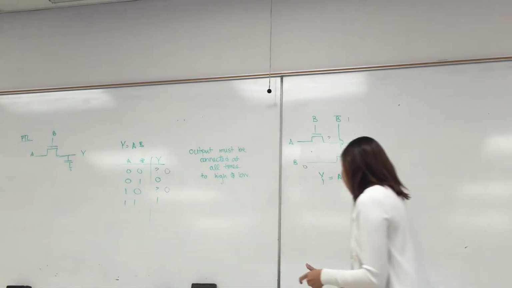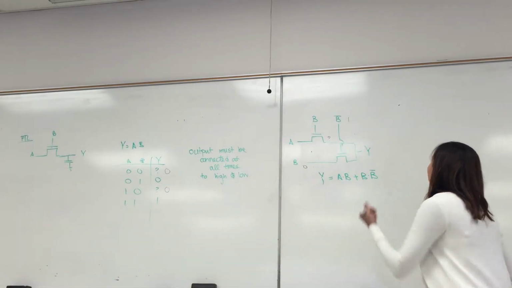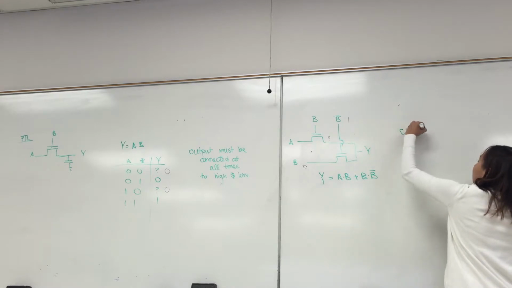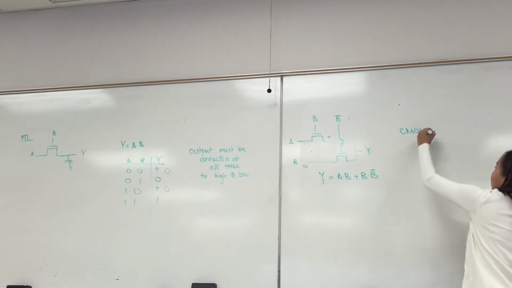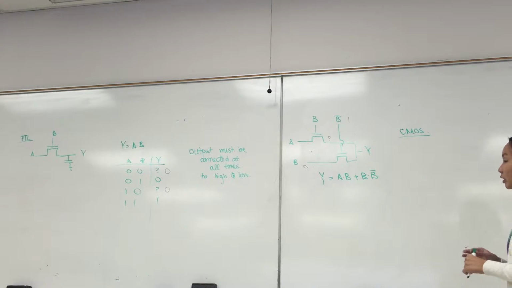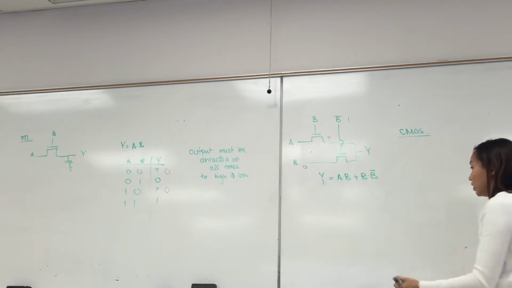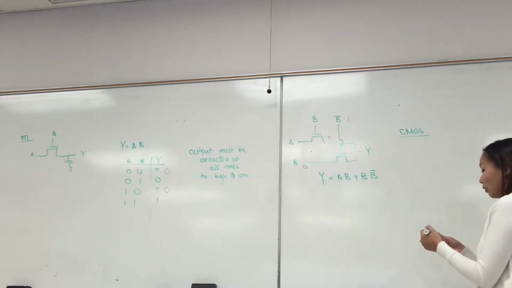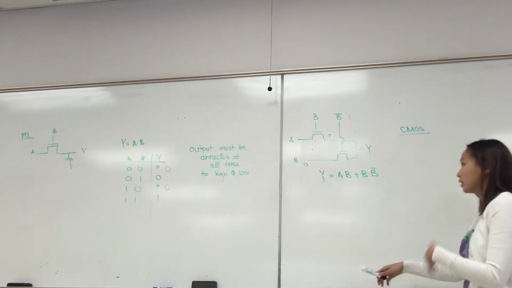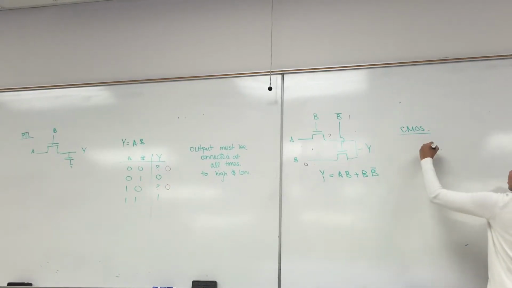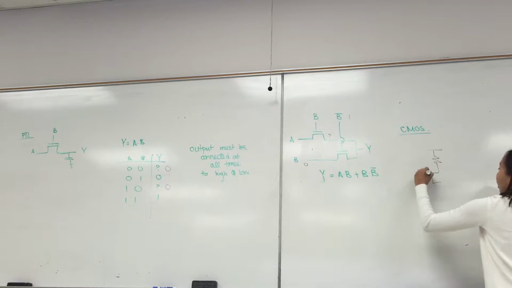Now comes the idea of CMOS. All right. So the issue here is the same as our VTC. Right now we're only using NMOS. So this is comparable to our common source circuit.